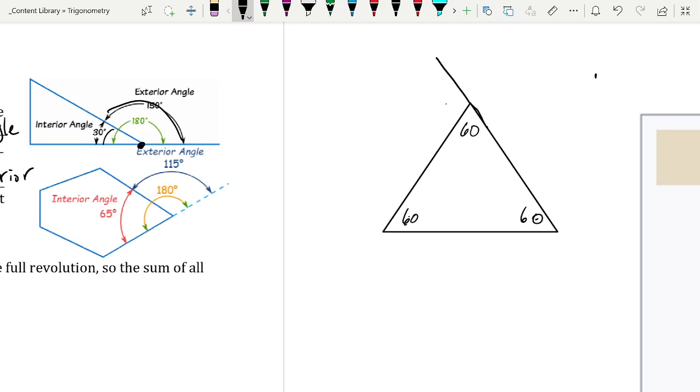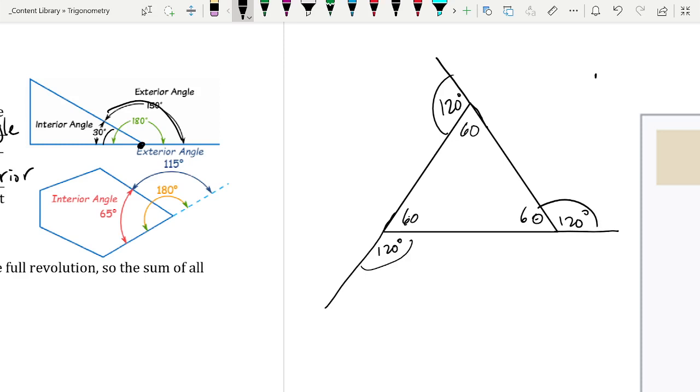What would you have to add to 60 to get to 180? So that's 120. Then let's keep this line going. So now that one would also be 120. And let's keep this line going. So that one's 120. So if you took all 3 of those angles and added them up, you get 360.